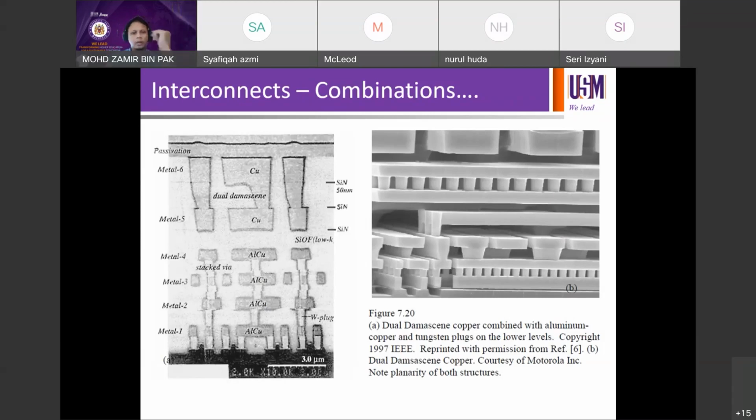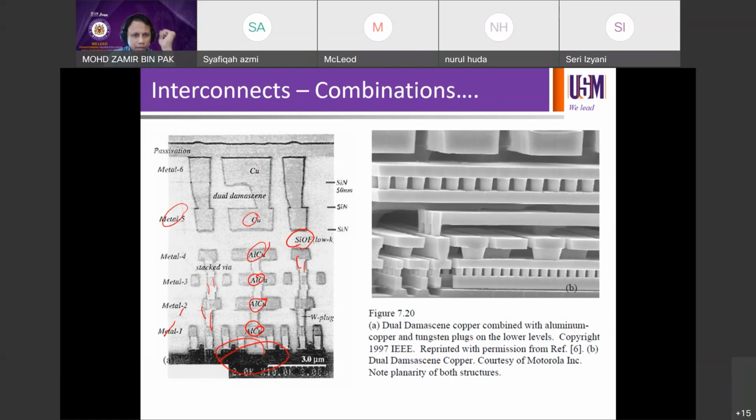If you run a copper process, your device is down here, and then you have your metal one, ALCU, metal two, ALCU. Then you have vias in between, ALCU, and SiOF, low K dielectric, and a layer of nitride, metal 5, copper.